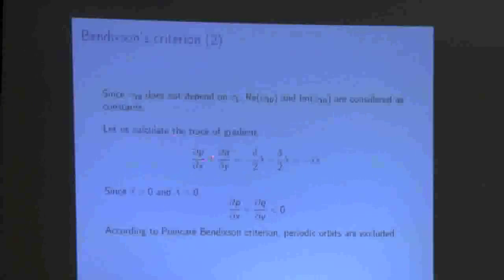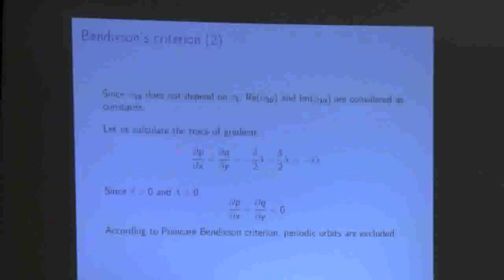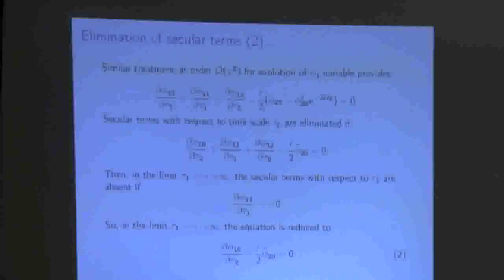I have a problem in notation here: it is the imaginary part of phi 10 and the real part of phi 10. I define this as P of xy, and this as Q of xy. If you calculate the trace of the gradient, you obtain minus delta lambda, so it is strictly negative. And according to Poincaré-Bendixson, periodic orbits are excluded. Okay, it was a detail.